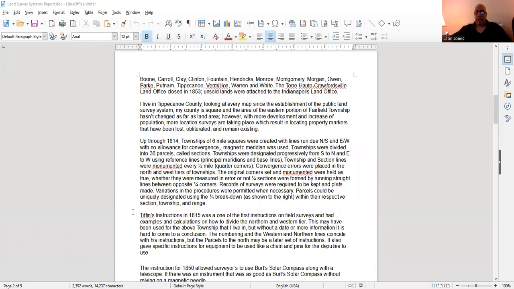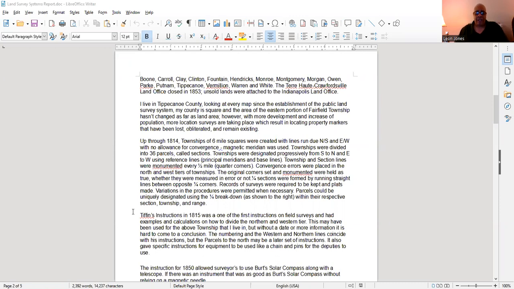Townships were basically 6 miles, and you had 36 parcels. We call them sections. Townships were designated progressively from south to north and east to west, with referencing lines known as prime meridians and baselines. Township and section lines were monumented every half mile, quarter corners, and you had conversion errors.